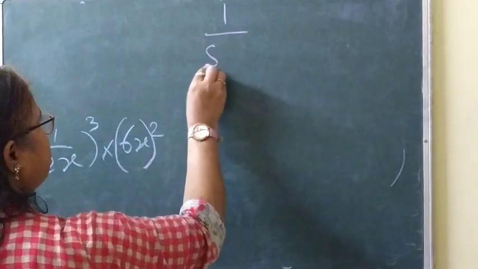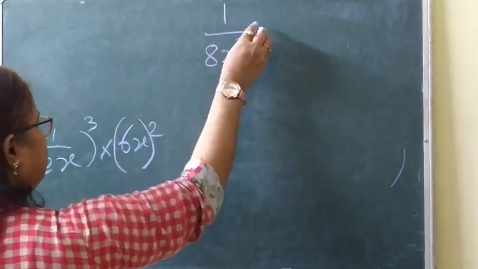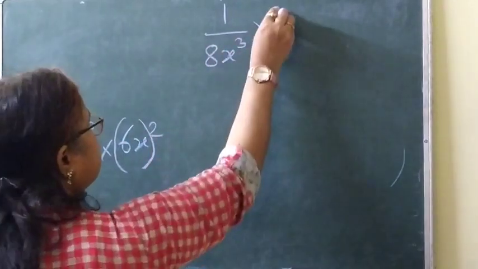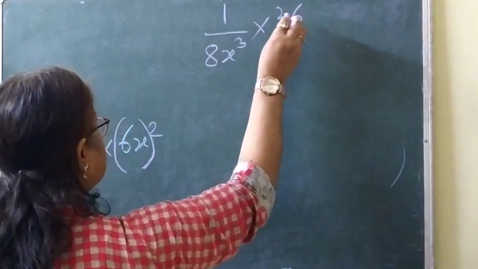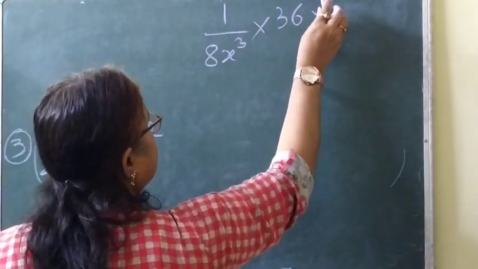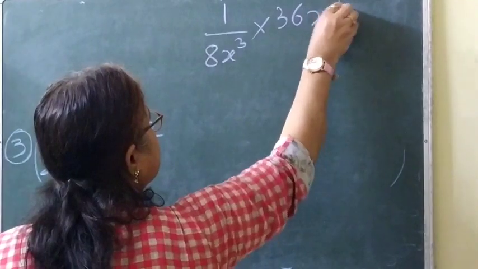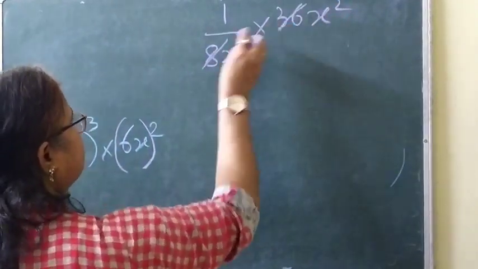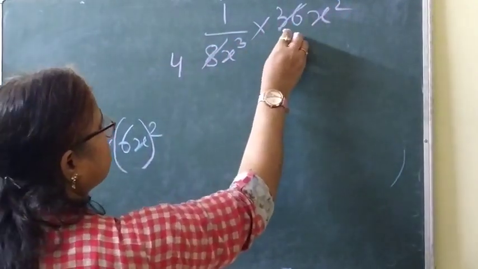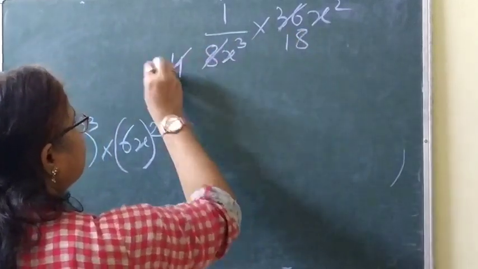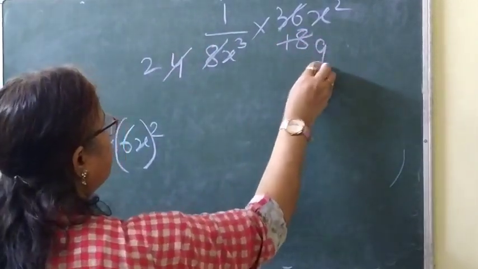So in that case it will be what? 1 by 8x cube into 6 6s are 36, so 36x square. We can cancel here. Then 2 2s are 4, 9.